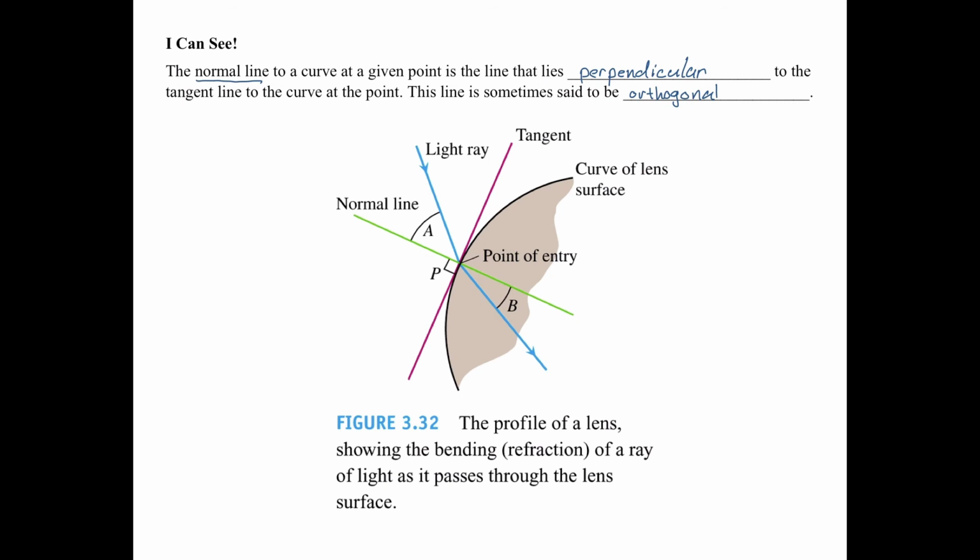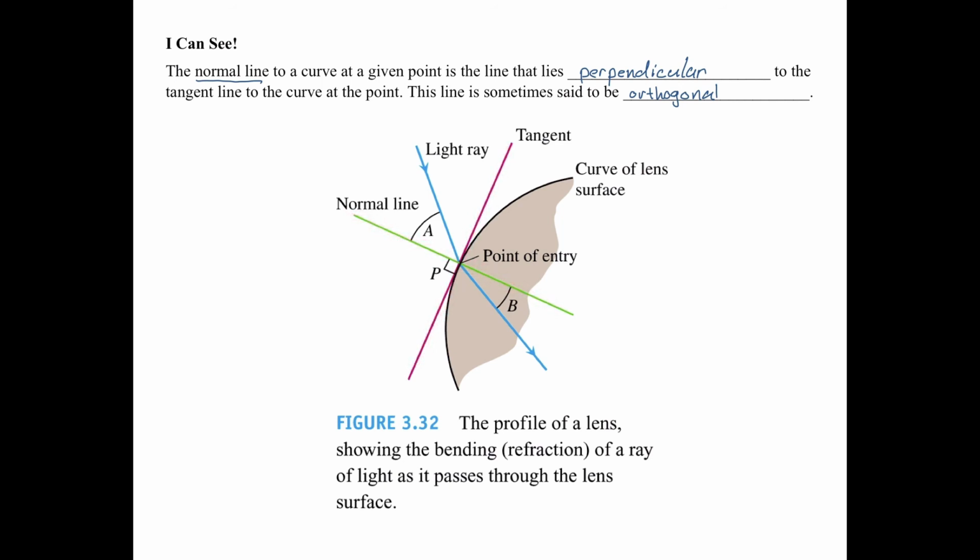This most occurs in the context of physics, where the way that light enters into a lens. So we have some curved surface here, and let's consider the light ray, and we'll find that the point of entry for the light ray is going to be where the normal line and the tangent line meet.